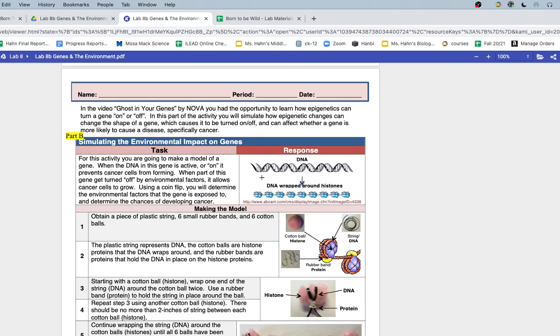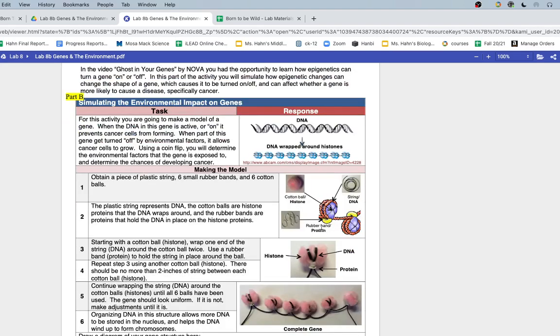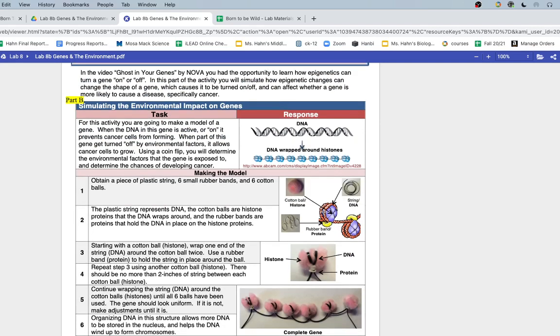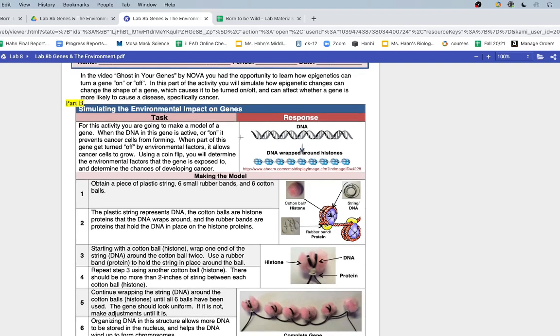DNA is this long, coily double helix thing, but in reality, it's wrapped around histones, and we're going to use cotton balls to represent our histones, and some rubber bands to represent proteins that are holding the histones in place.